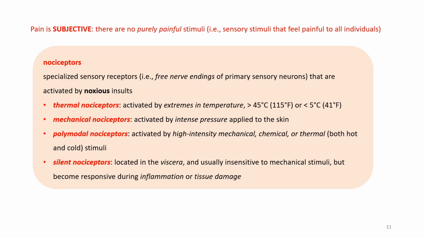We also have polymodal nociceptors that are activated by different types of noxious insults, such as high-intensity mechanical or chemical or thermal stimuli. And silent nociceptors are located not on the surface of our body, but in our organs, in our viscera. And these are usually insensitive to mechanical stimuli, but respond to inflammation or tissue damage.